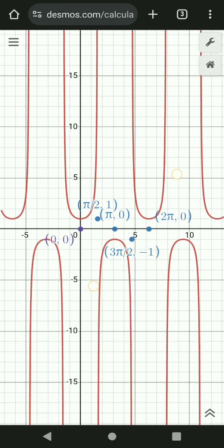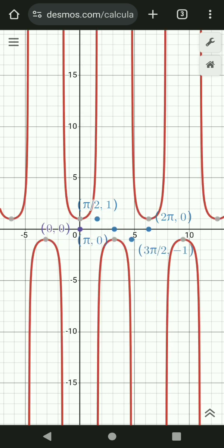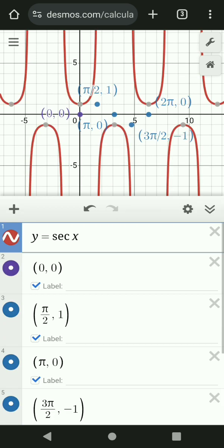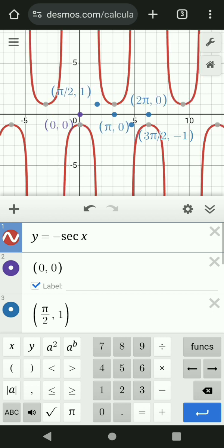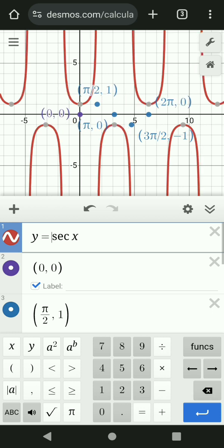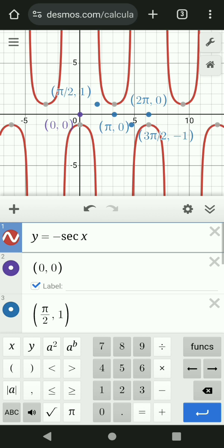So what do you observe? Now what changes take place when we make it negative secant x? Okay, you see that one, it moves 1 unit to the right.